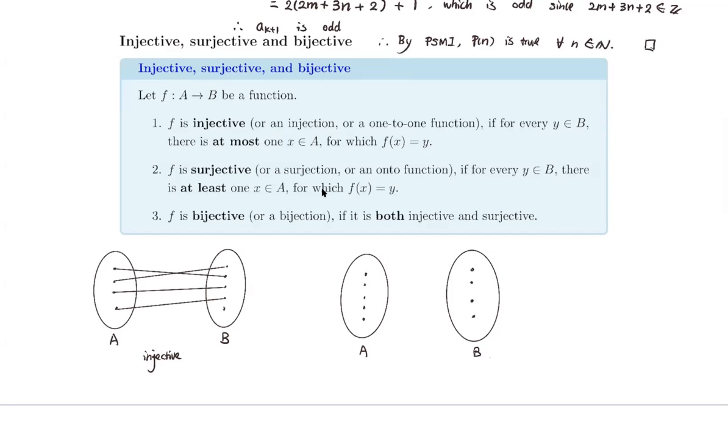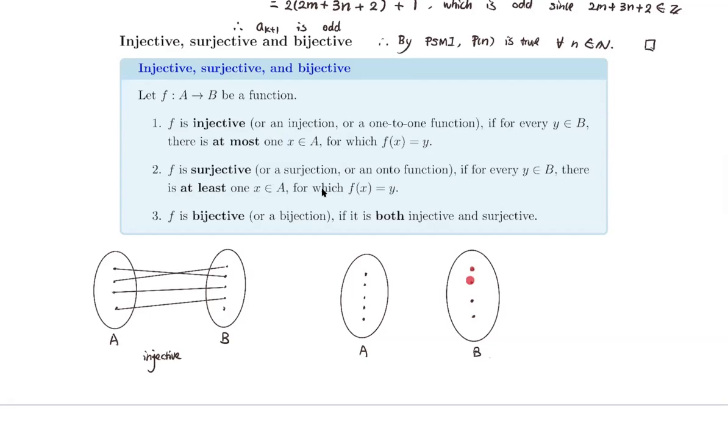It's surjective if for every y in B, so if you pick any element in B, there is at least one x in A for which f(x) equals y. So every single element in B has to be mapped.